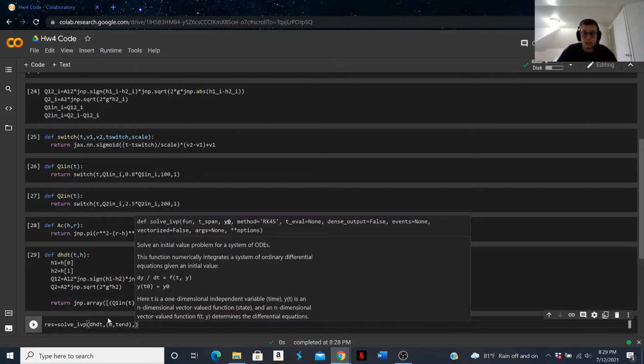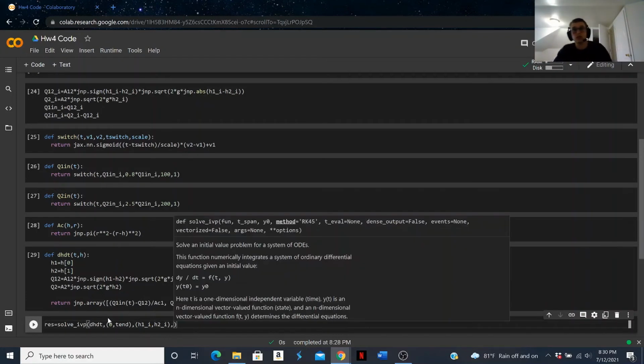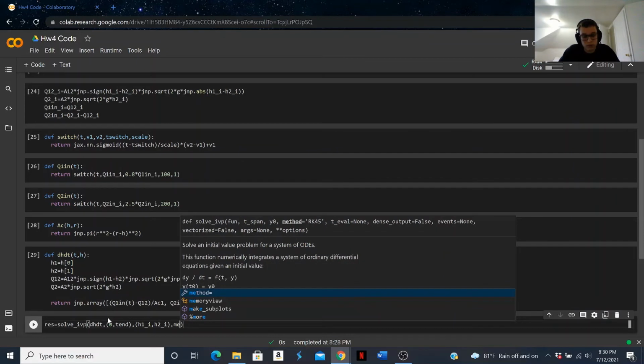Okay. Then we need our initial heights, which is h1 initial and H2 initial. And then we need a method for our solve.